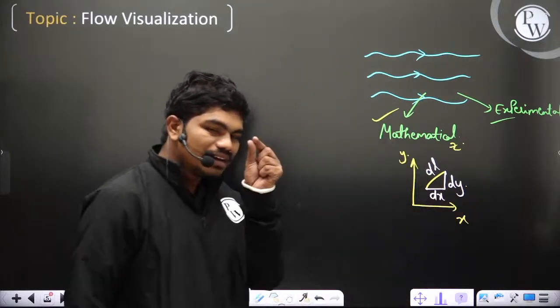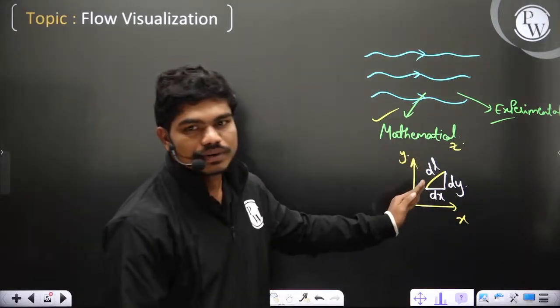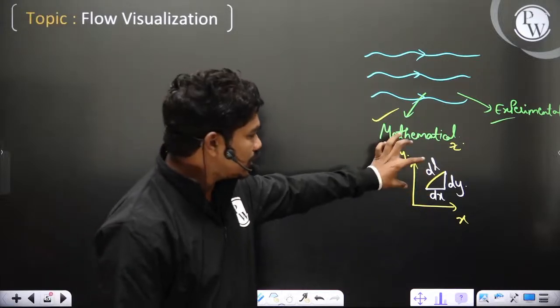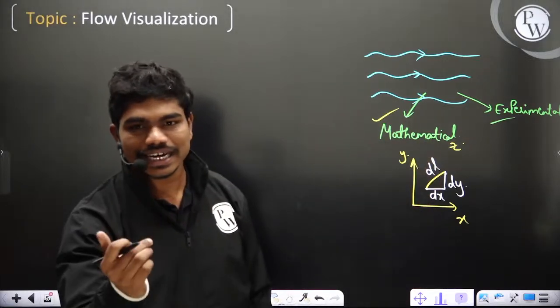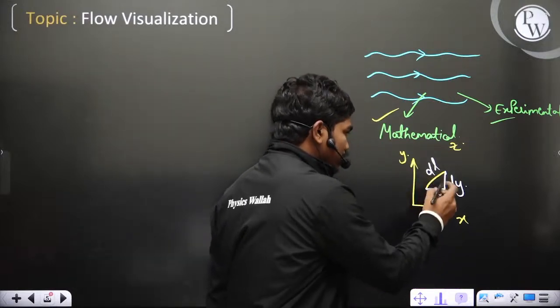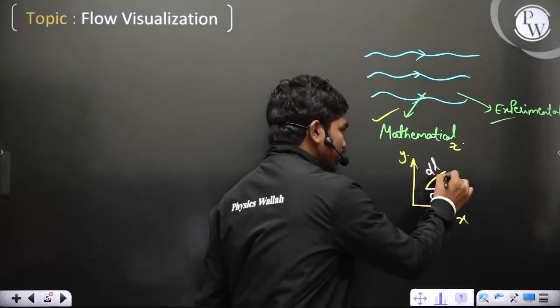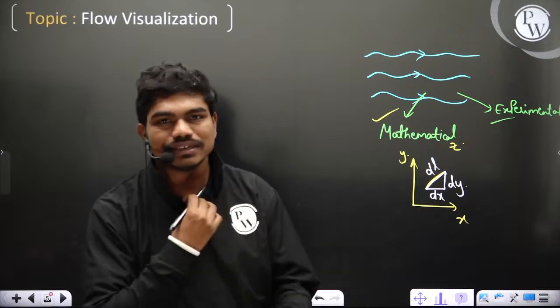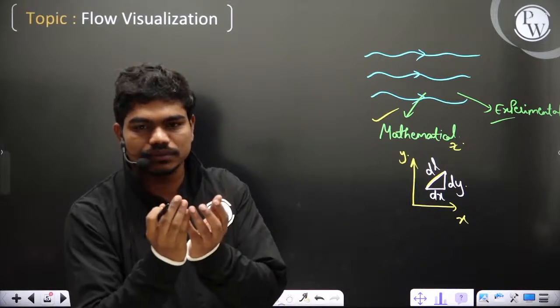For a small elemental change, this curve will be the same as a straight line. If you take this curve to be a straight line, the results will not change much in the actual case, because for a small gap, if I connect these two points with a straight line, you won't see much difference.